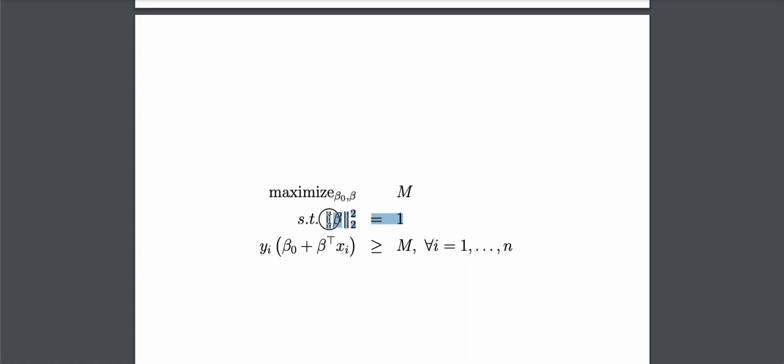Because if the L2 norm of beta is 1, then this quantity will be the unsigned distance from the hyperplane, regardless of which side it is. Obviously, when we multiply it by this, and it's greater than or equal to M, as long as M is positive, then M becomes our margin.